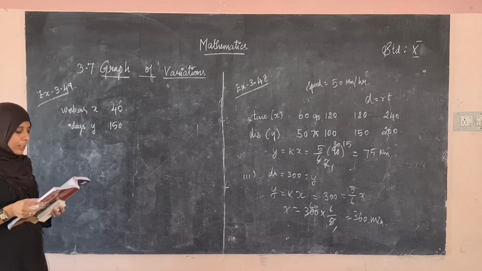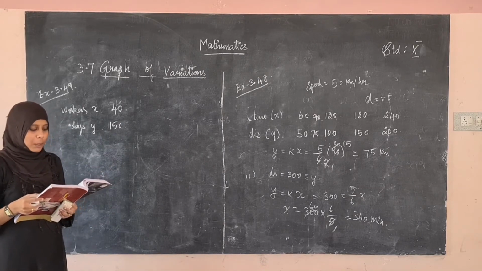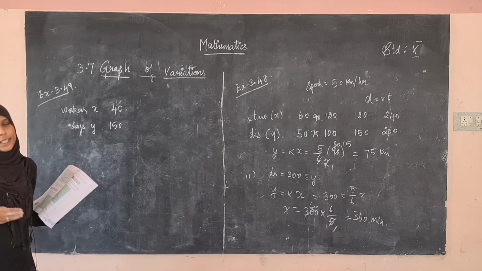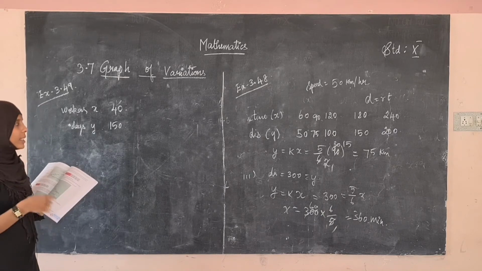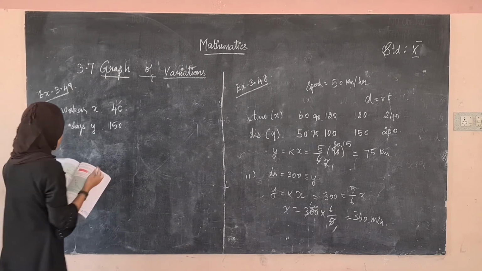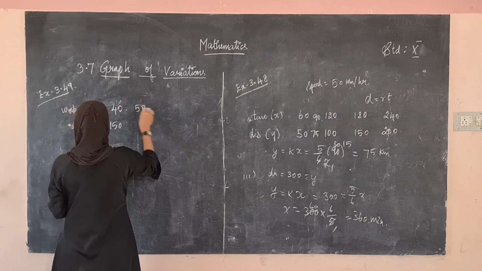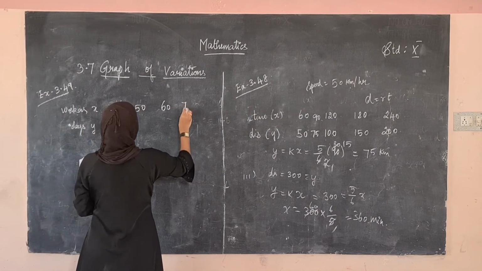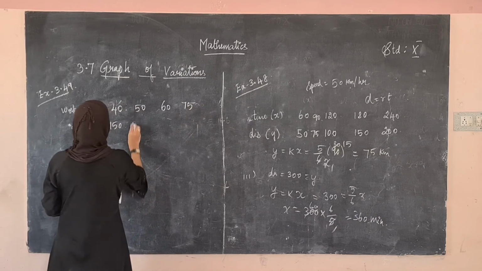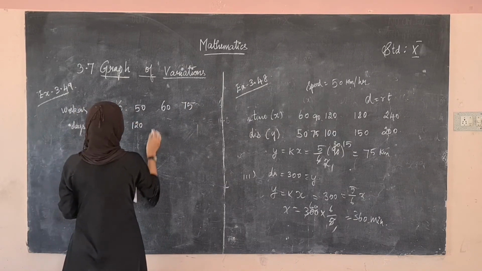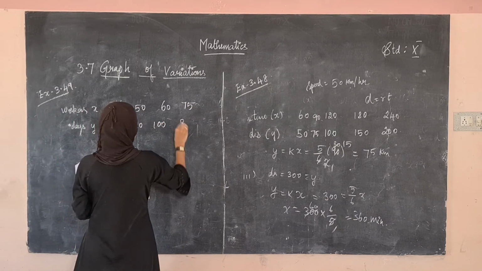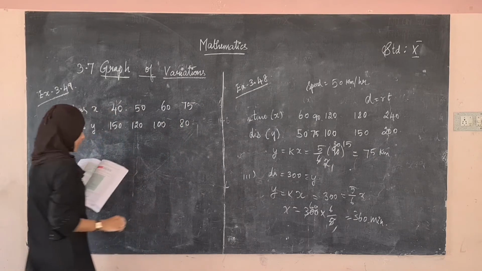Okay, later it decided to fasten up the work by increasing the number of workers. So the given table is, okay, this is the given table.